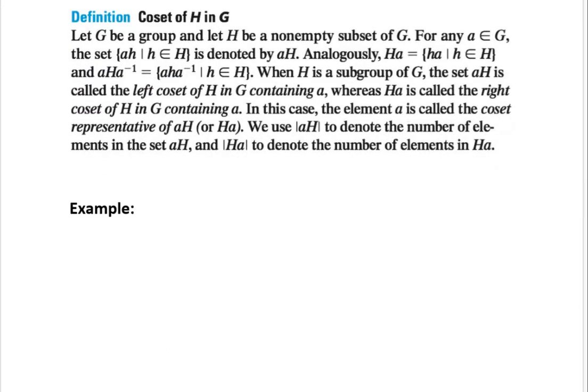But what were cosets? So a coset, remember what we do is we take a subset of our group, and then we say, okay, well, let's start multiplying each element in that group by all the stuff in that set and see what happens.